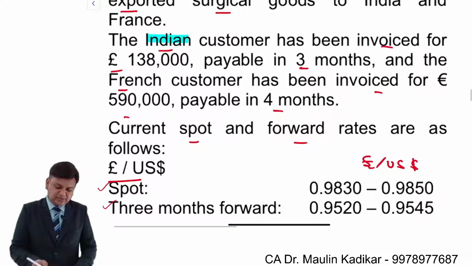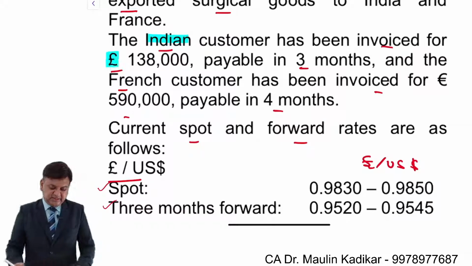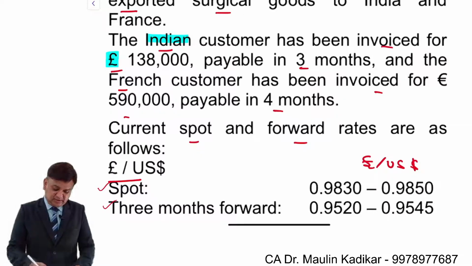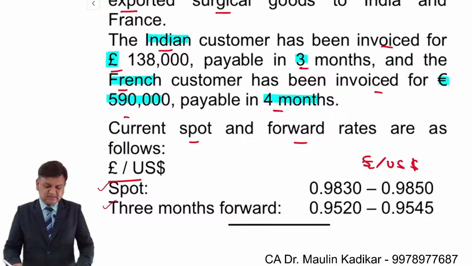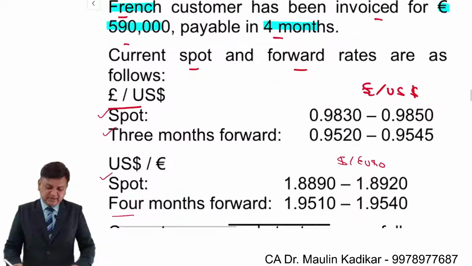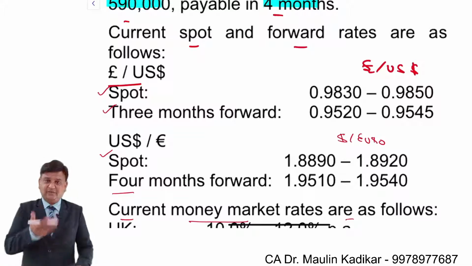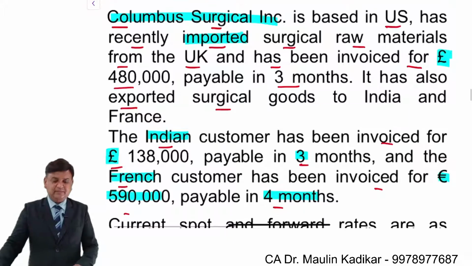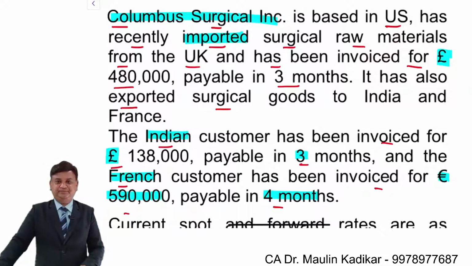The Indian customer has been invoiced and is required to pay not in rupees but in pound currency, and the time period is 3 months. The French customer has been invoiced for 5,90,000 euro, and the time period is 4 months. So we are required to make the computation in forward market hedge and money market hedge. For both we are required to give the answer. Please go through the question carefully.